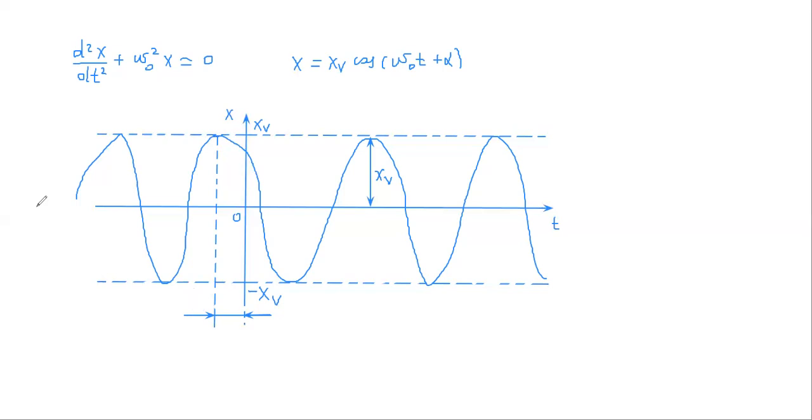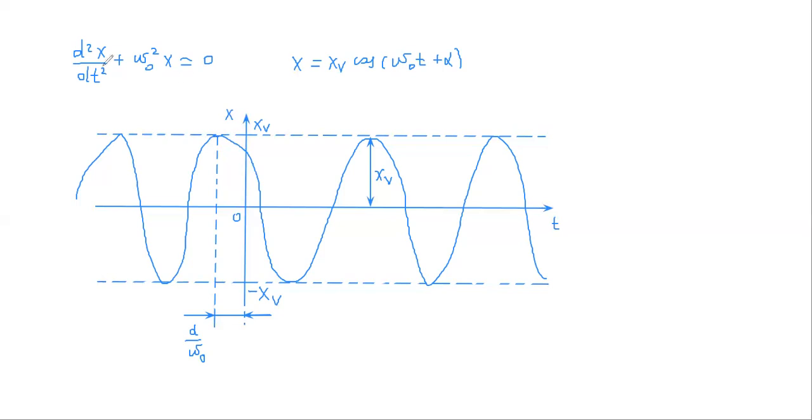So this is the initial phase of oscillations. Initial phase, and xv is amplitude.